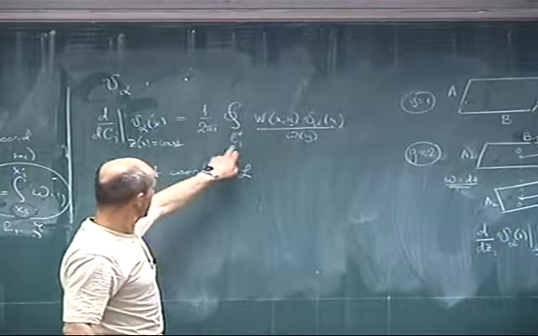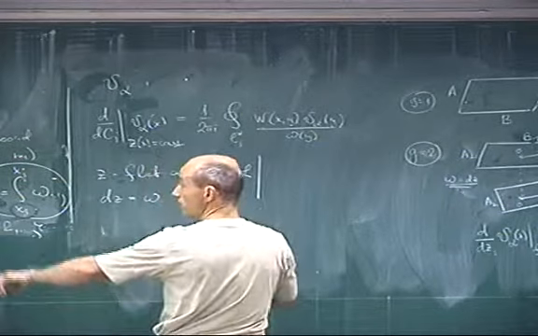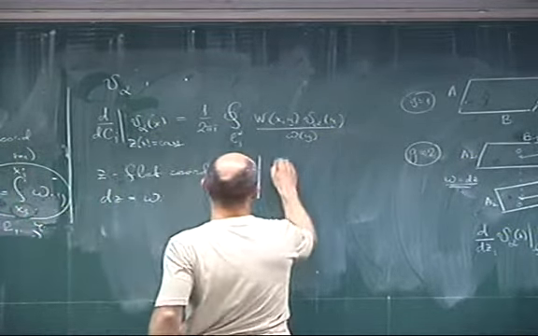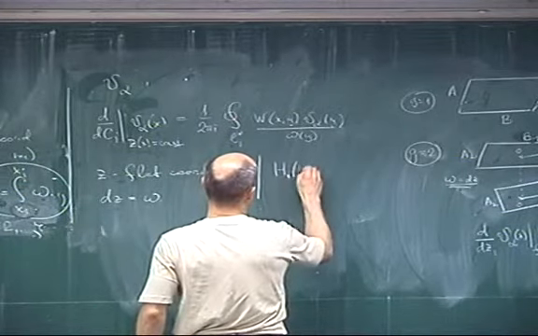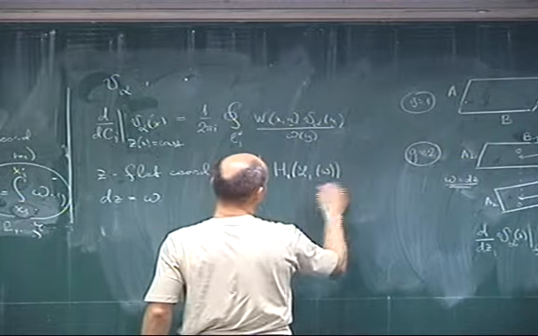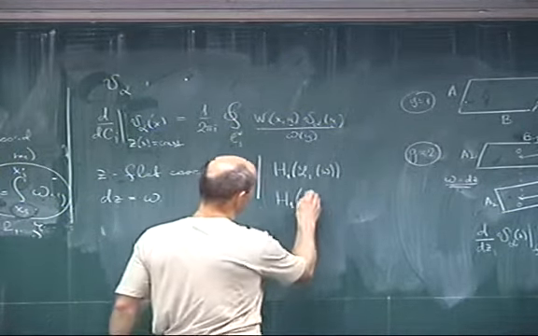Now, what is this Lj star? There is a duality between this relative homology group H1 of W and the group H1 of the punctured sphere.